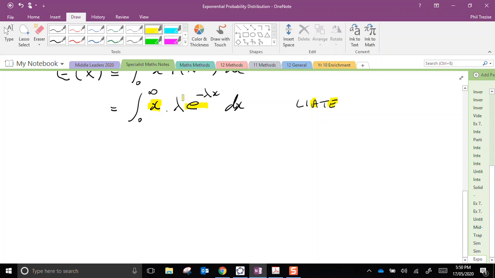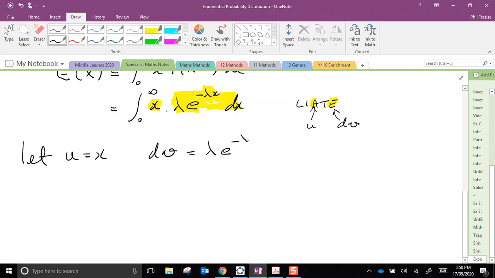I could include that constant lambda with the exponential, and I'll also include the dx with that. This bit is going to be u, and this bit is going to be dv. Then we'll be fine. So let u equal x, and we will let dv equal lambda e to the negative lambda x dx.